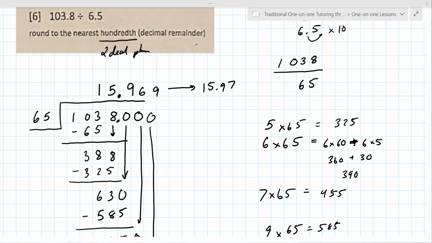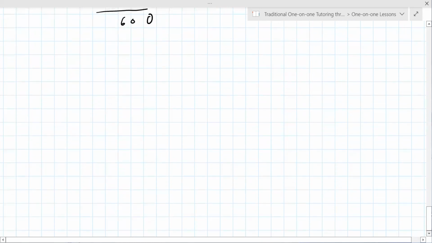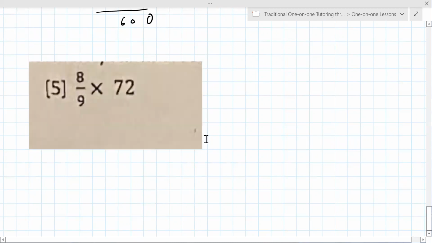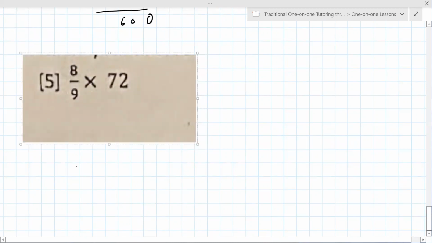Okay. Should we go through the ones that we've not gone through, like number 5? I'm just going to look at it real quick. There's a shortcut to 5 I'd like to show you. It's basically just 2.3 times 5. Okay, so this one, we're looking at number 5, 8/9 times 72.